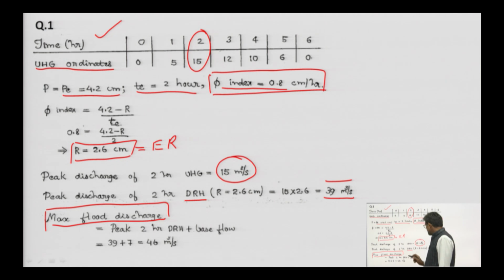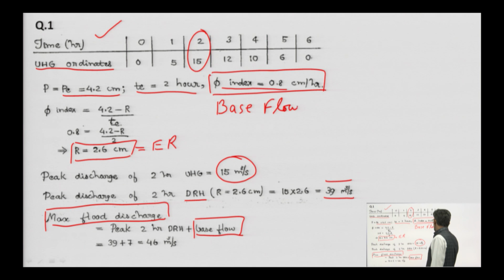If we know the base flow, in the question base flow is also given, and it is 7 meter cube per second.